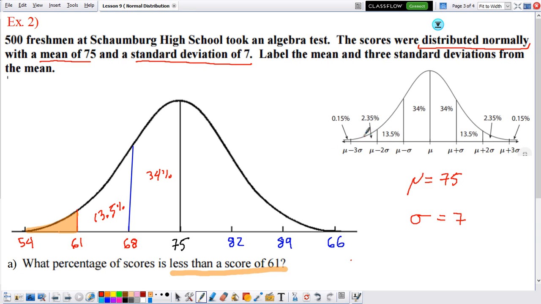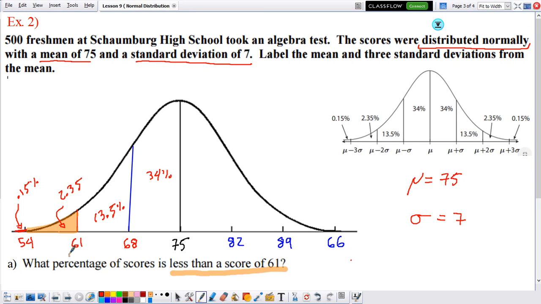You know that your next section is 2.35. And you know that the little space at the end is 0.15. So like a little space here. And this is still on the left side of 61, so we need to take it into consideration. So that's 0.15%.